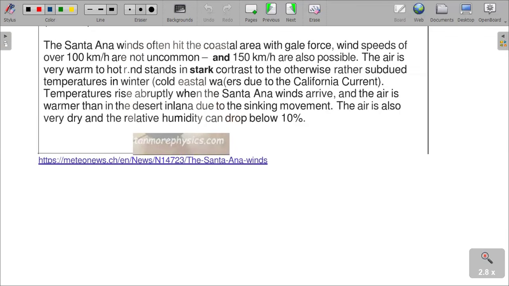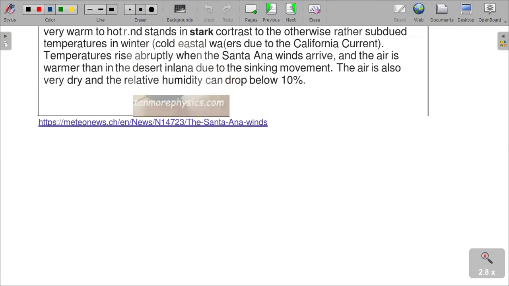Temperatures rise abruptly when the Santa Ana winds arrive, and the air is warmer than the desert inland due to sinking movement. This air is also very dry and relative humidity can drop below 10%.